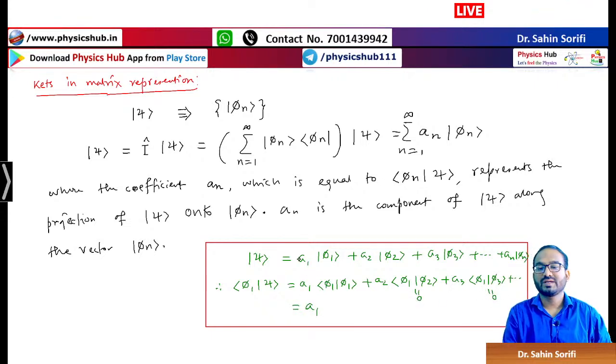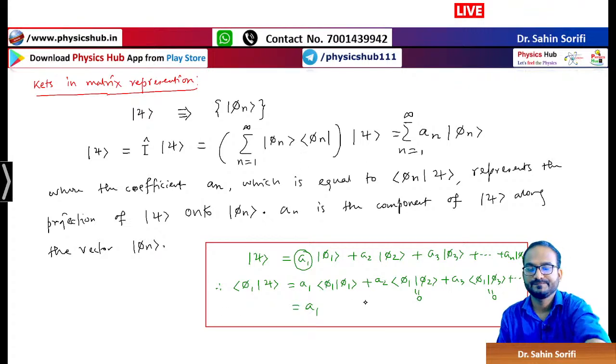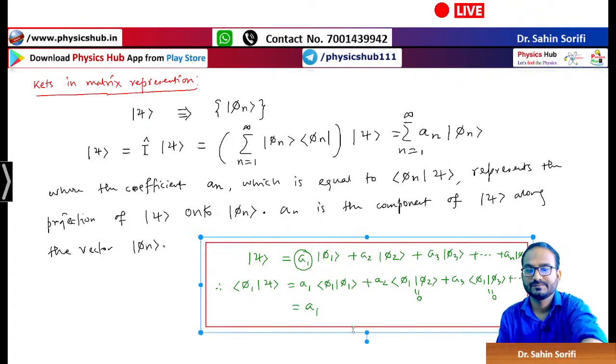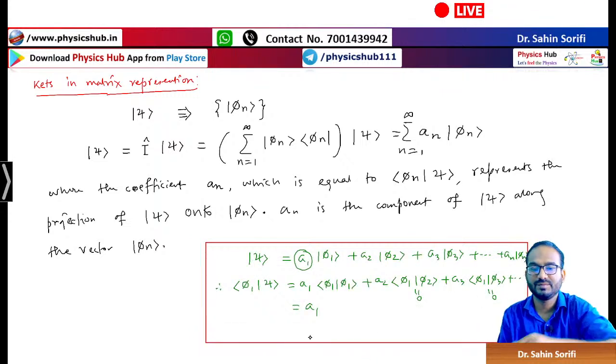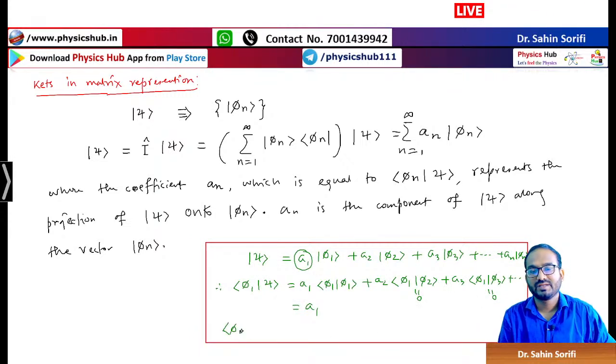So if you want to calculate any of the coefficients, you have to take the dot product. Let's say bra phi n psi. What will be bra phi n psi? All the terms will vanish.